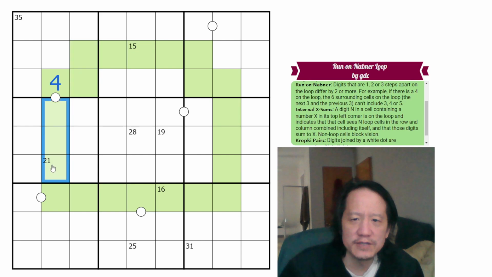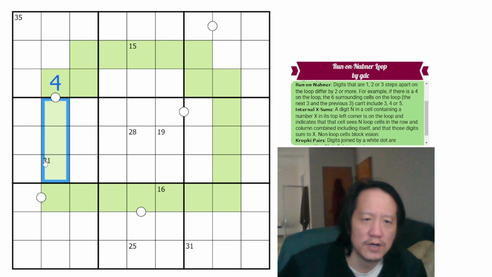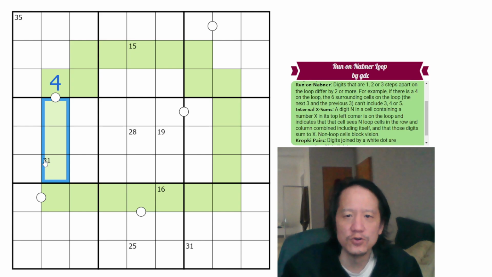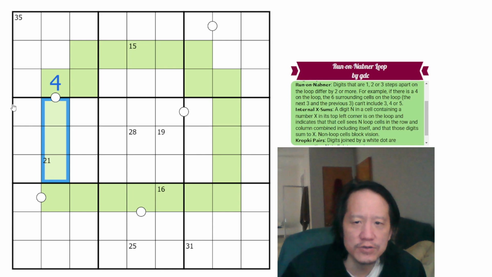So I hope that makes sense. Basically, for every cell on the loop, the 3 cells preceding and the 3 cells after that are on the loop cannot include digits that are less than 2 steps apart.